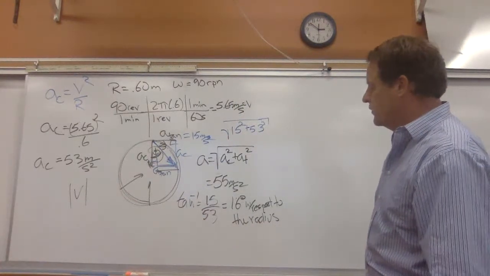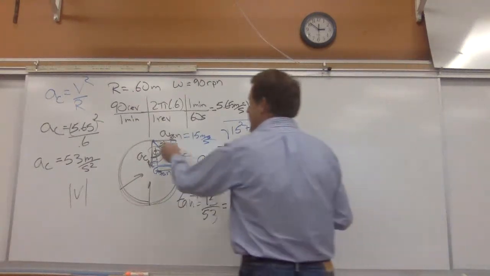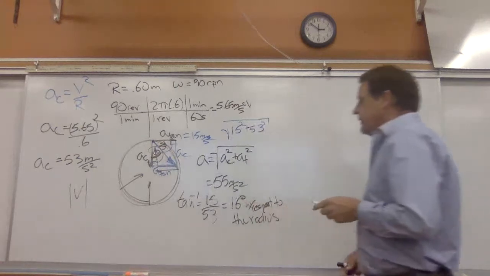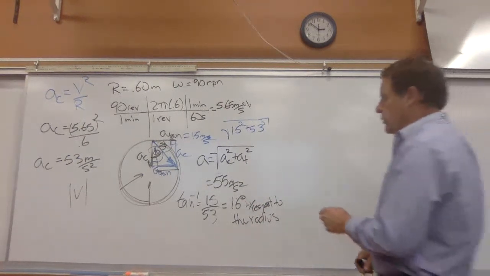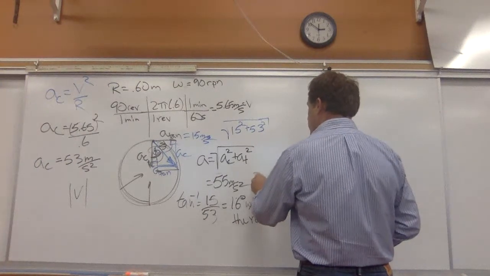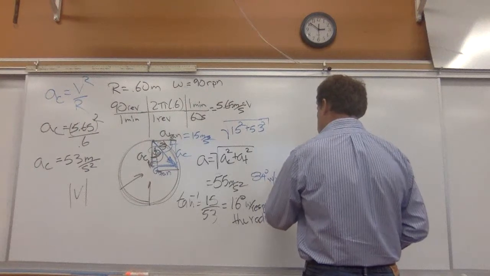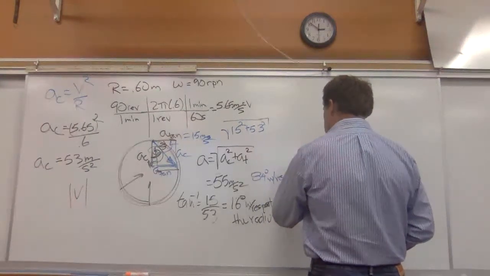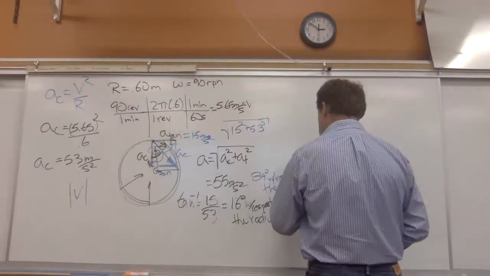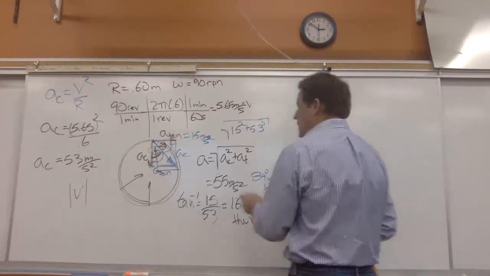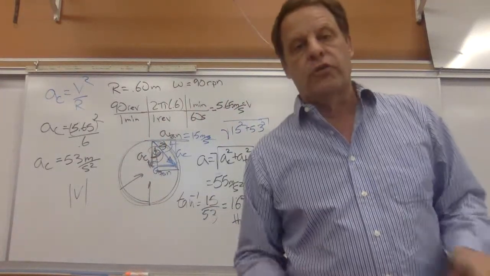We could obviously also describe this angle here. Well, that angle there is going to be 84 degrees. So we could say that this was 84 degrees with respect to the tangent of the circle.